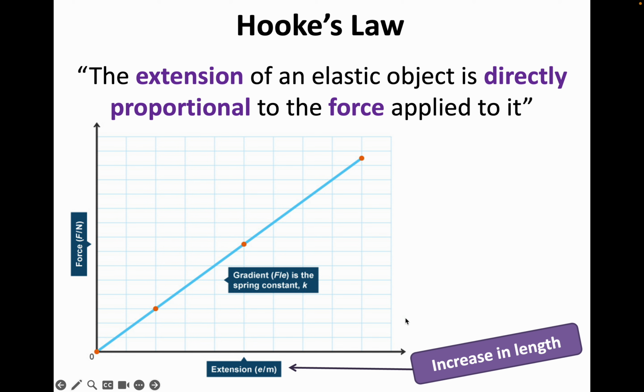So this is revising Hooke's law for you. Okay, an increase in length leads to energy being stored elastically in a form of potential energy. You can then release, say you want to catapult a mass, you can release that elastic potential energy and turn it into kinetic energy, which is what a catapult does.